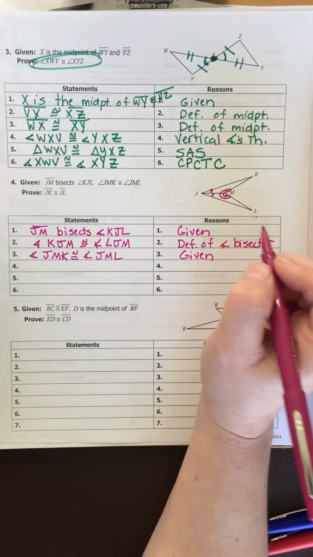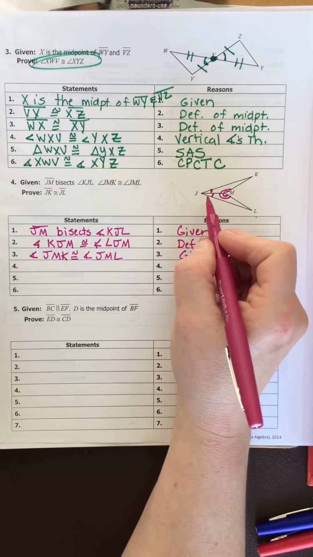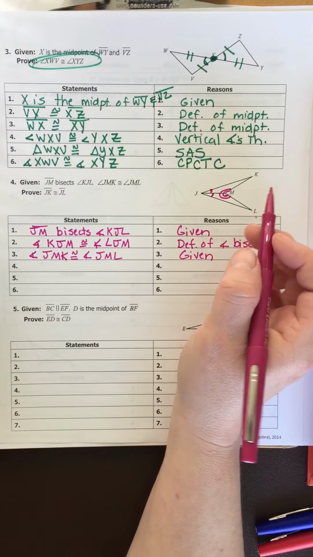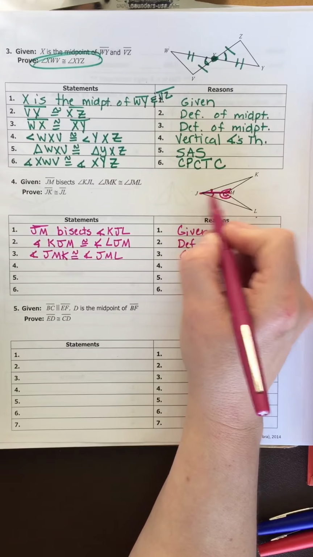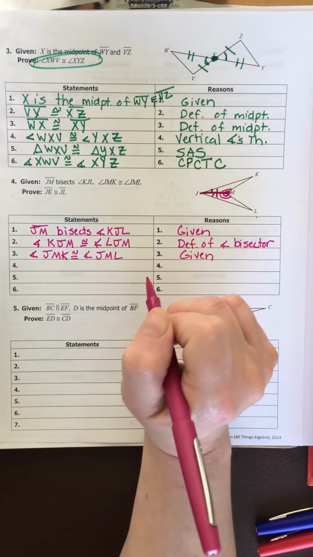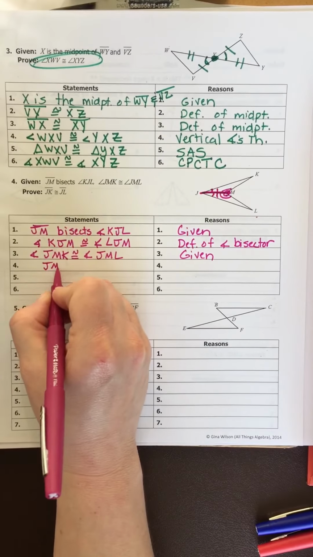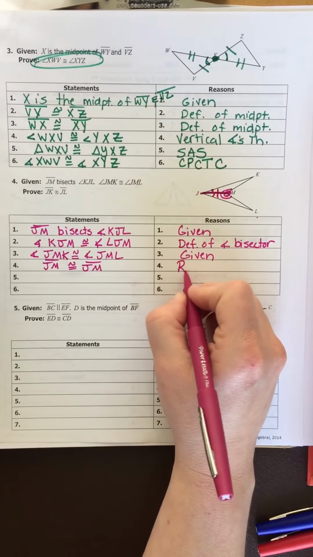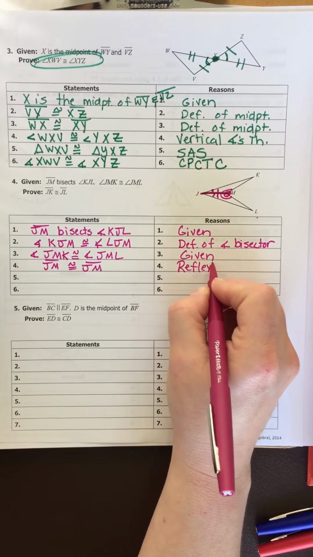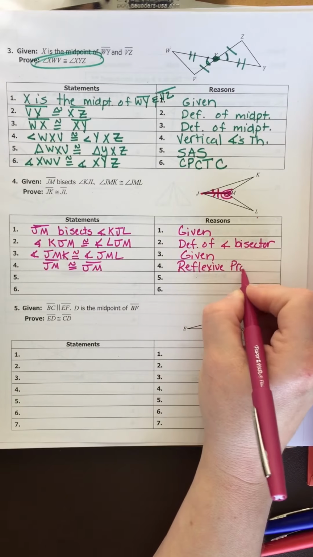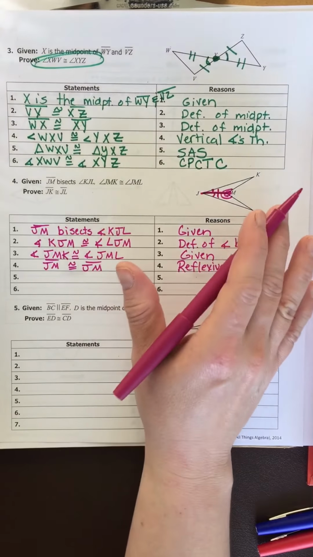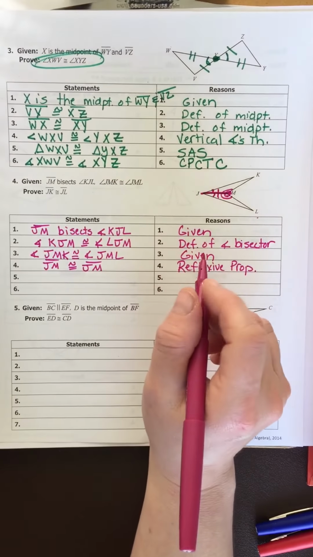So we have two angles. What else do we have that is congruent? Well, they share this side right here, and it is congruent to itself. So I can say JM is congruent to JM by the reflexive property. These two triangles are now congruent. Why are these two triangles congruent?